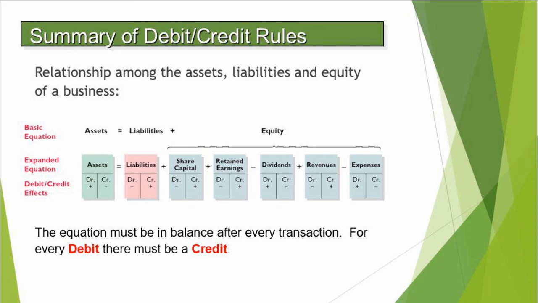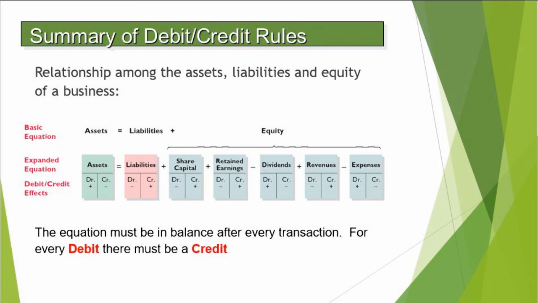So, what if some account of asset is decreased on credits? It must be some account in asset will be increased on debits.